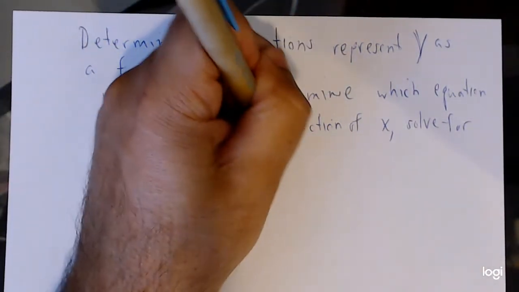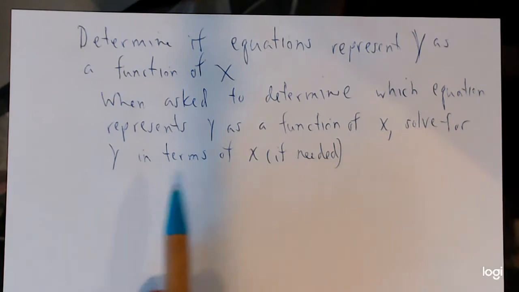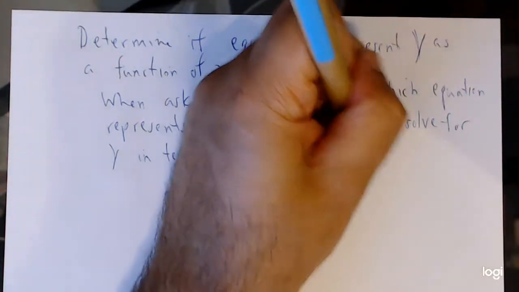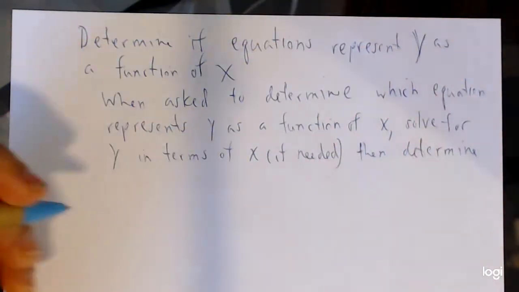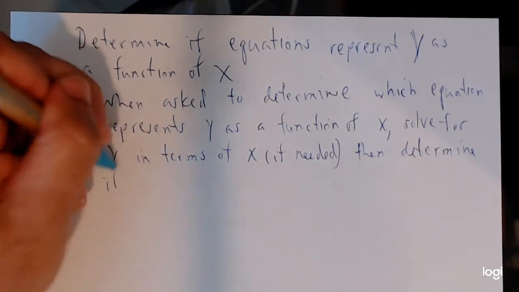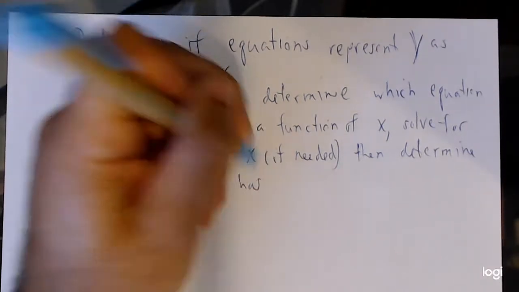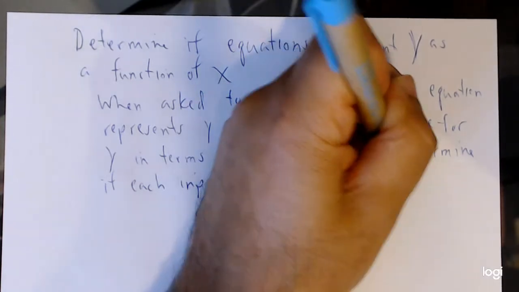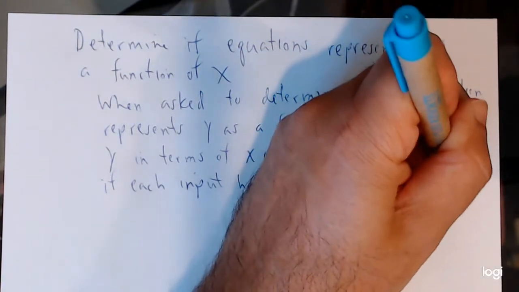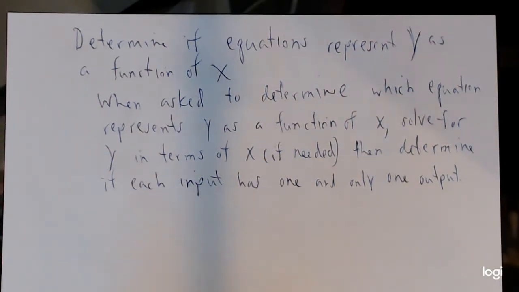So sometimes it might not be, sometimes it might already be in terms of x, but solve for y in terms of x, then determine if each input has one and only one output. Because if it does, then it's definitely a function. If it doesn't, then it's not a function, right?